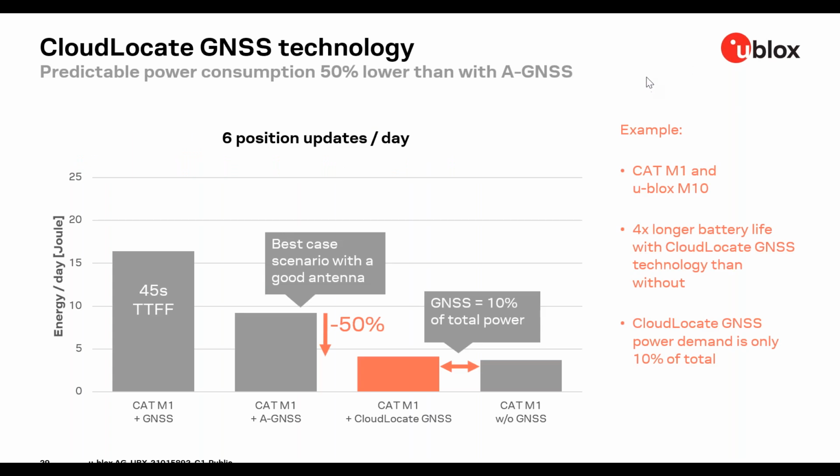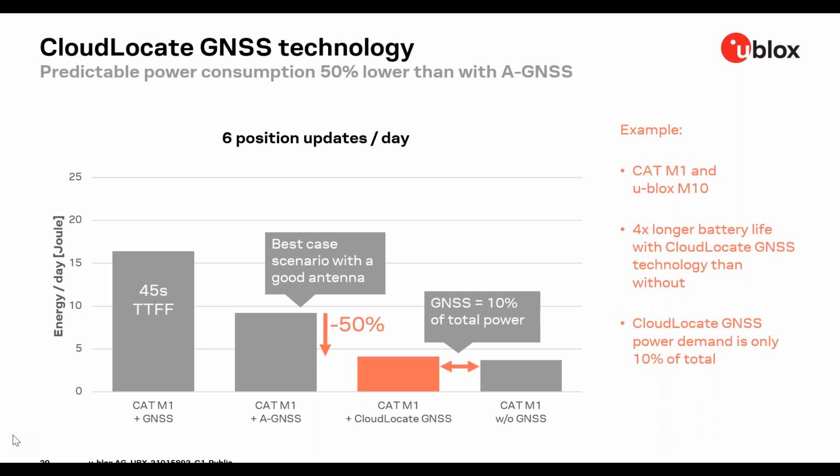Well, now it's important to look at the main benefit, that is the power consumption. And this is the main benefit that we are delivering with this kind of service. There are a few slides that clarify this benefit. The first column is the traditional solution over a Cat-M1 network without any assistance. It is the highest value because the time to first fix requires around 45 seconds, during which the receiver shall stay switched on.